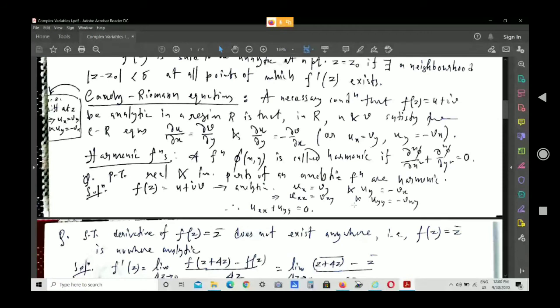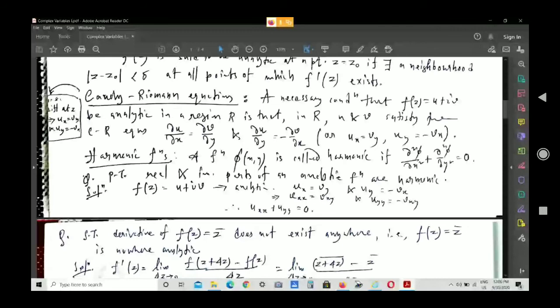So that means u satisfies this equation. Similarly, you can prove that v also satisfies this equation. This completes the proof. So what it says is that if a function is analytic, then its real part is harmonic and its imaginary part is also harmonic. So that you need to prove in the problem.